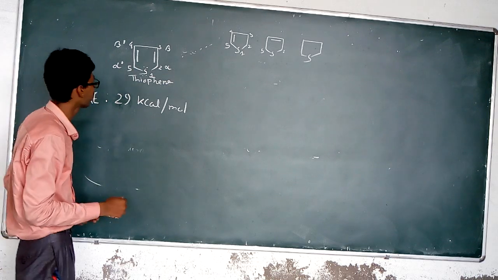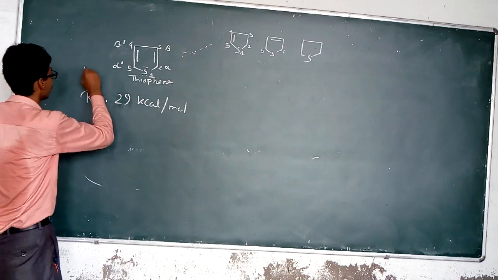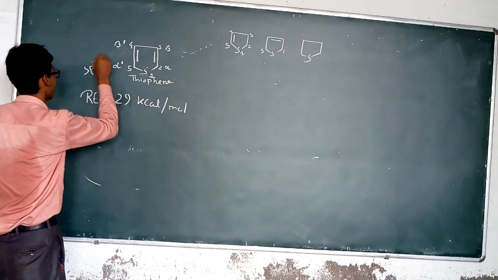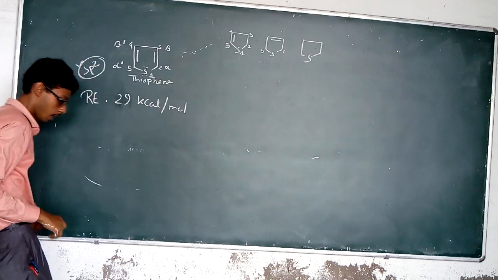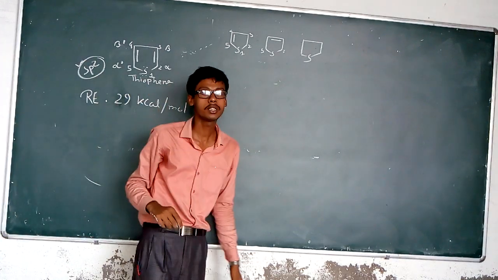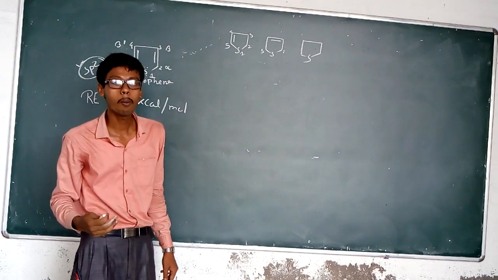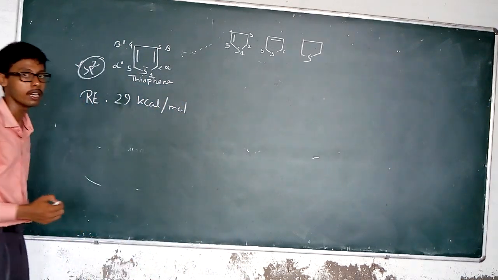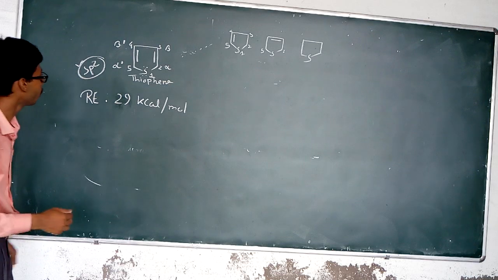Each carbon atom of thiophene is sp2 hybridized and has an unhybridized p orbital, so that it forms a pi molecular orbital by continuous overlapping.